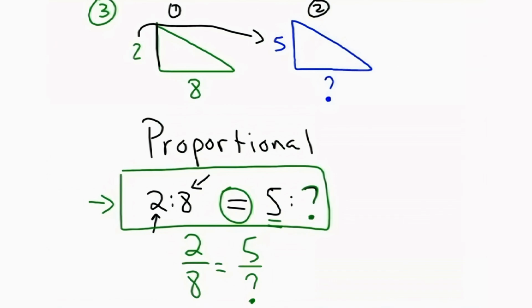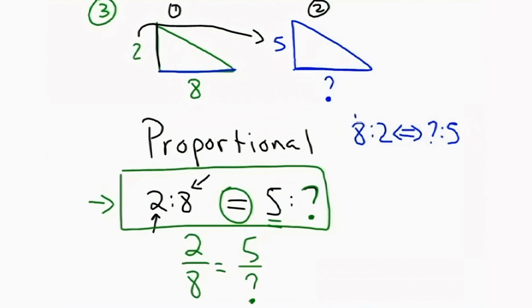I just want to point out that had we done it the opposite way, as long as we keep the 8 and the question mark together, we could have said 8 to 2 is the same as question mark to 5.